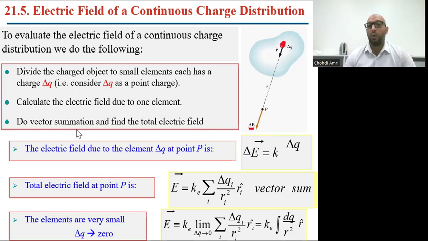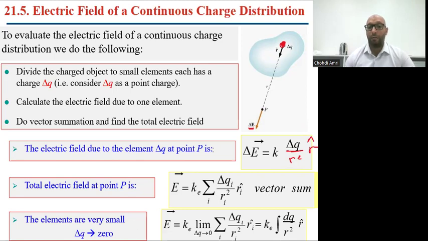Then we will calculate the electric field due to one element of charge, delta E, and then we will sum all the vectors produced by delta Q. So in other words, you know that the electric field due to the element of charge delta Q at the point P is given by delta E equals K delta Q over R squared multiplied by the unit vector R. The total electric field is the vector sum, of course.